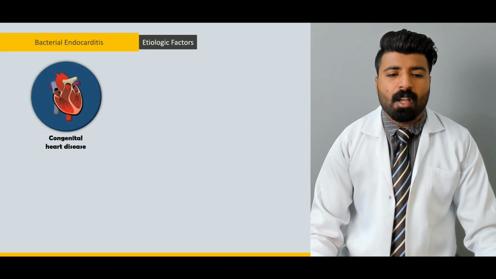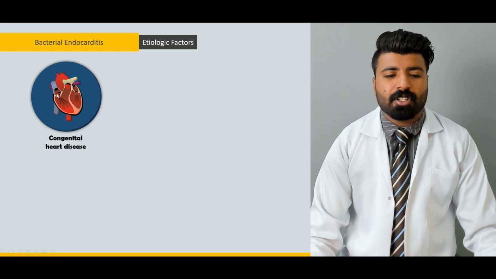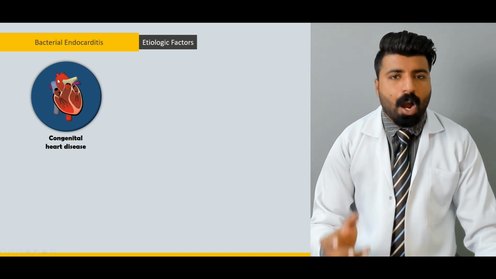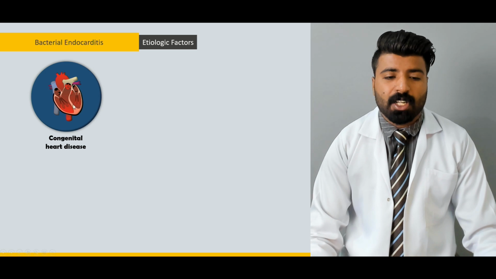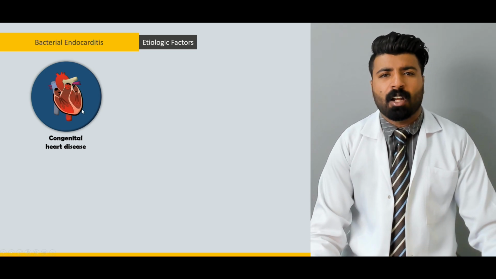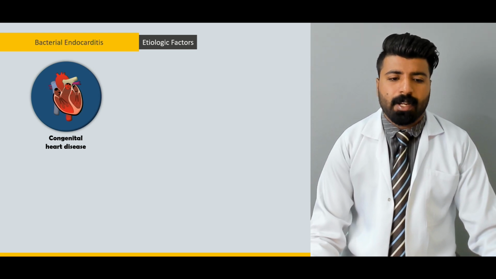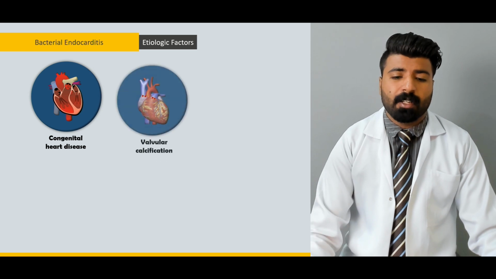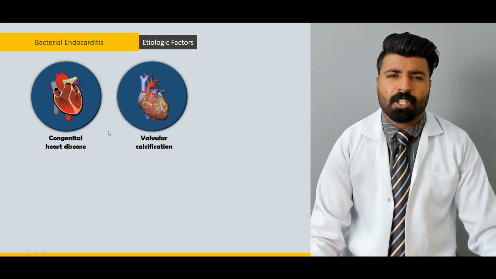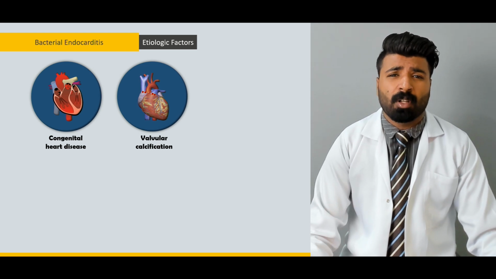Next on, we have other etiological factors which involve our heart itself, and those are congenital heart diseases. What congenital heart diseases are we talking about? ASD, VSD, right? Congenital heart diseases. There may be valvular calcification, which happens basically in elderly patients or in other kinds of pathologies.